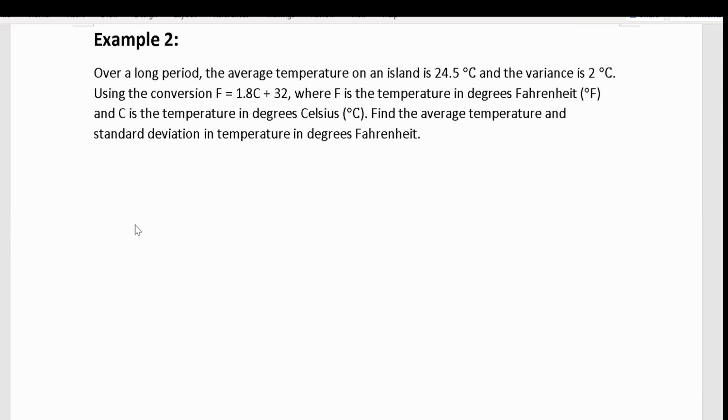Using the conversion F equals 1.8C plus 32, where F is the temperature in degrees Fahrenheit and C is the temperature in degrees Celsius, find the average temperature and standard deviation in temperature in degrees Fahrenheit. So what do we want? We are trying to find E of F and variance of F. Then we will be able to find the standard deviation of F.